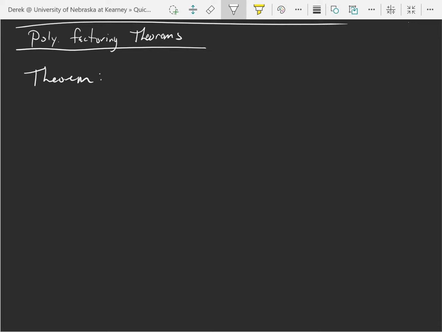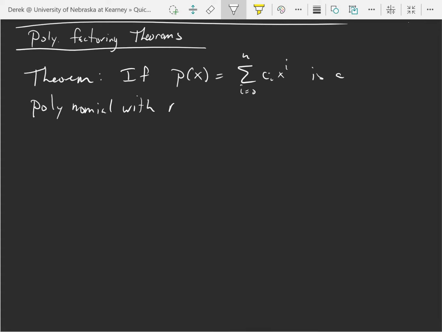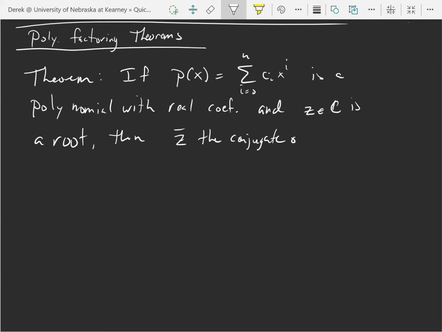The theorem is going to be: if p of x equals the sum of c_i x to the i, i equals 0 to n, is a polynomial with real coefficients and z in C is a root, then z bar, the conjugate of z, is also a root.